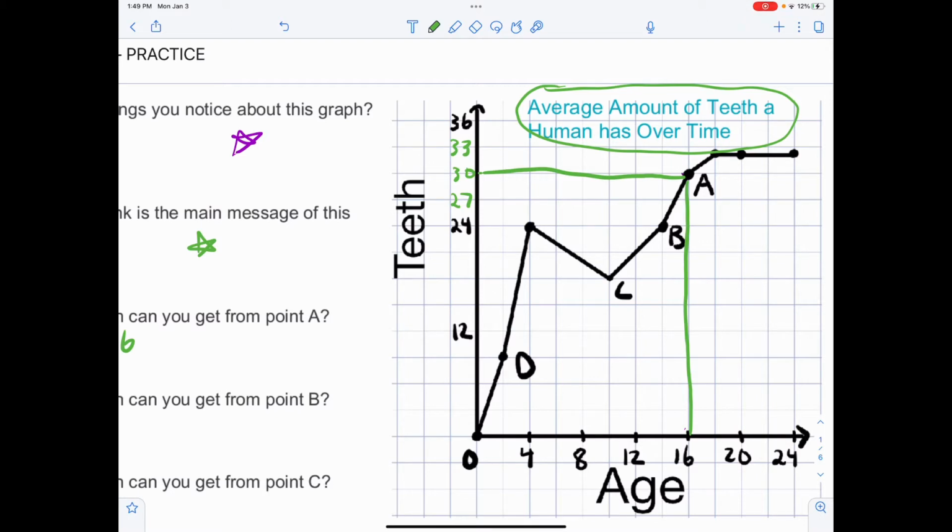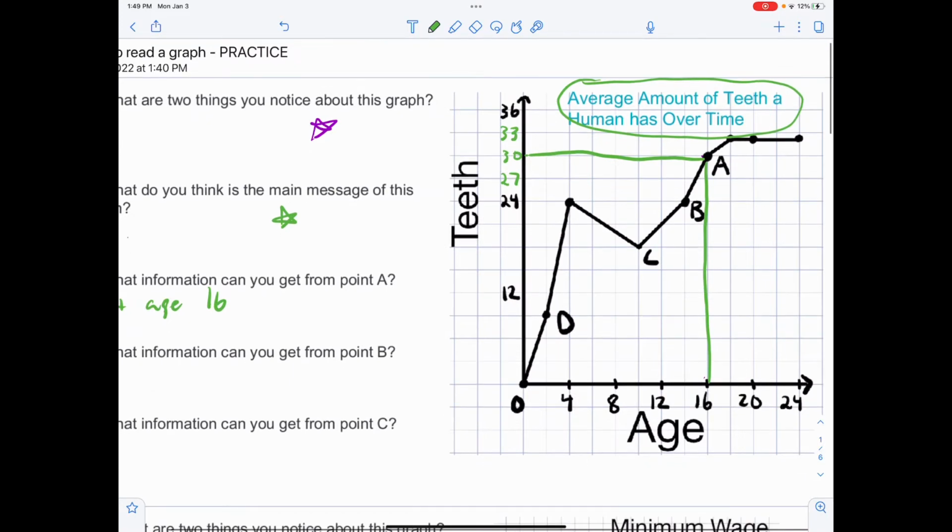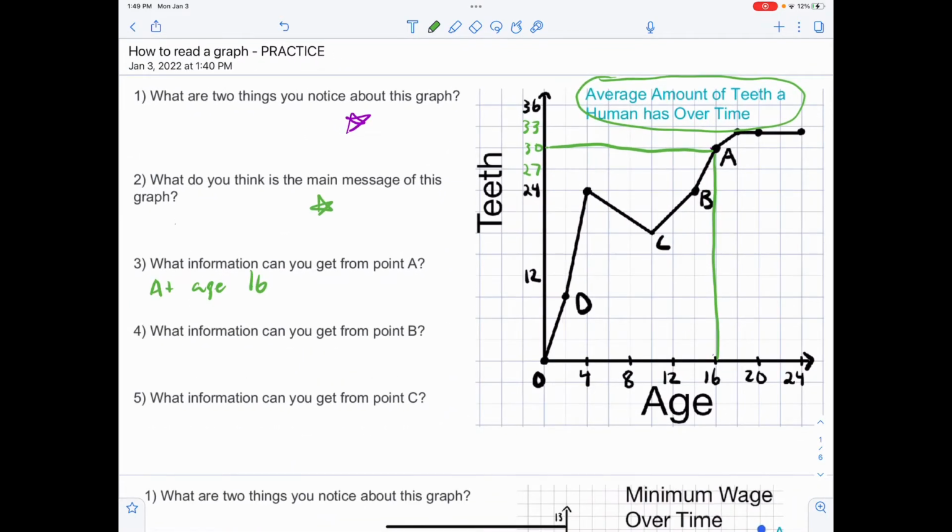Yes, you are going up by 3s. So point A will be at age 16, the average person has 30 teeth.